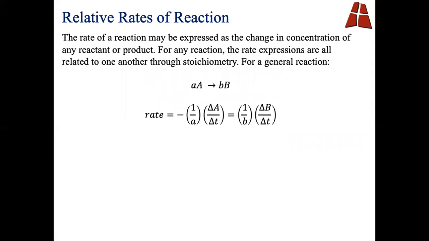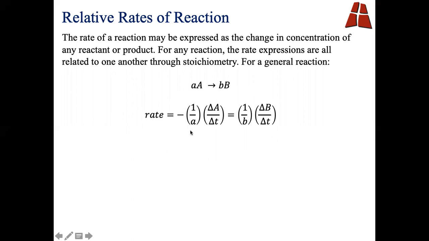We're also able to express our rates of reaction in terms of the stoichiometry of a reaction. Say we had this general reaction where we had some stoichiometric coefficient, lowercase a, multiplied by some chemical uppercase A to form products in the stoichiometric amount, lowercase b, of chemical uppercase B. We could express the rate in two ways.